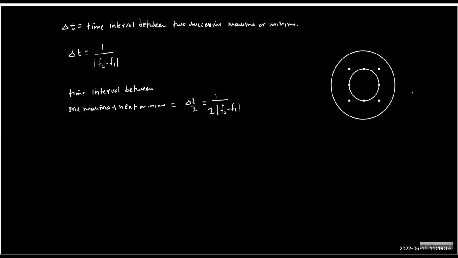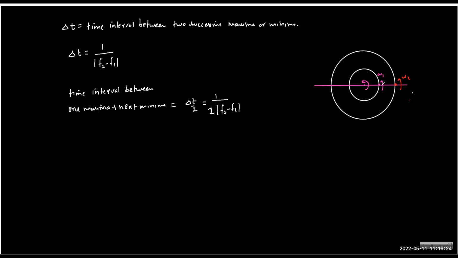It is equivalent to two particles moving with different amplitudes A1, A2. The first particle is moving around the circle with angular velocity omega 1, and the second with angular velocity omega 2.